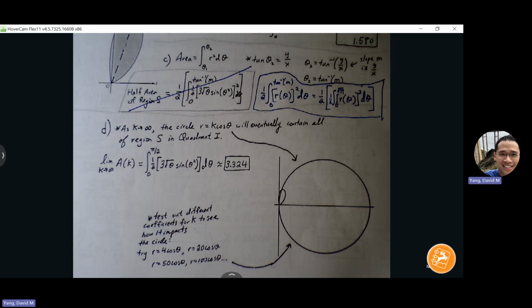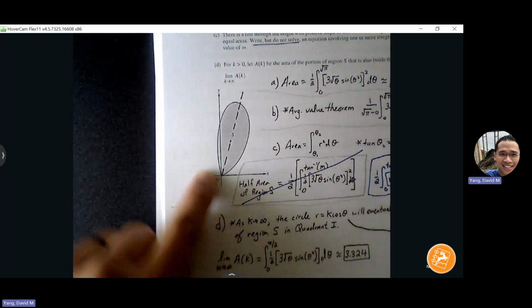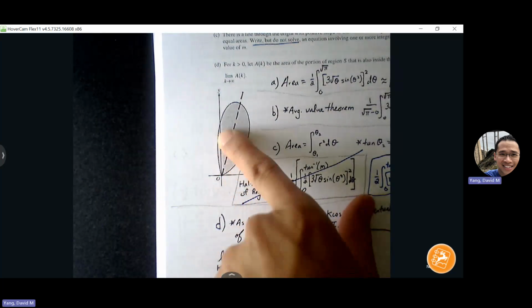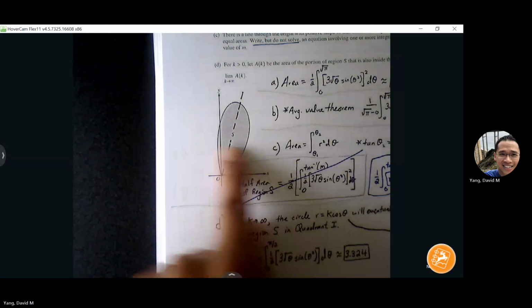So as it gets larger and larger, what is the area of S? Exactly. What's the area of S from 0 to pi over 2? How is it pi over 2? Because if we go to root pi, it's going to bleed into that second quadrant.